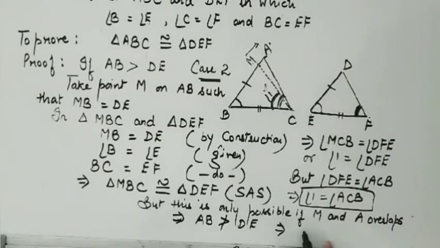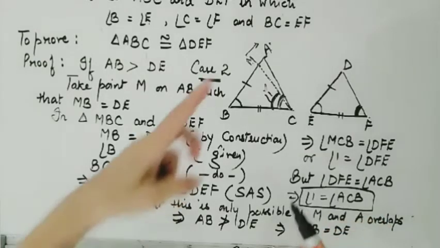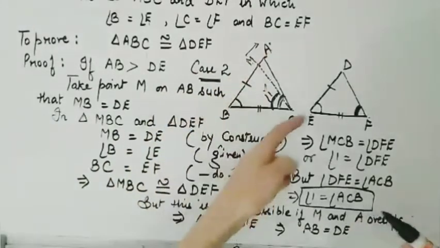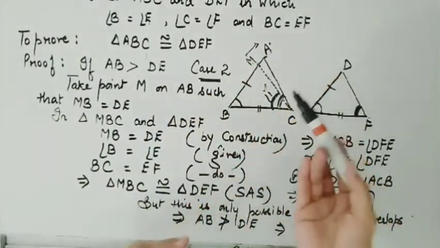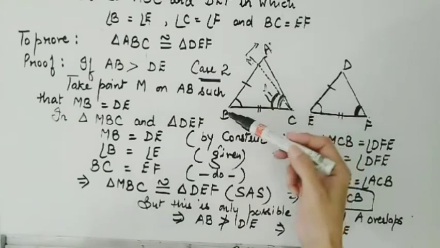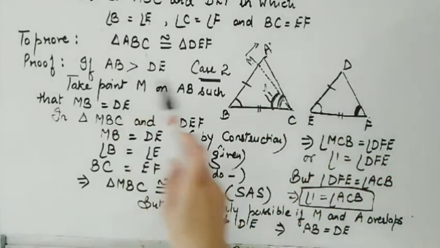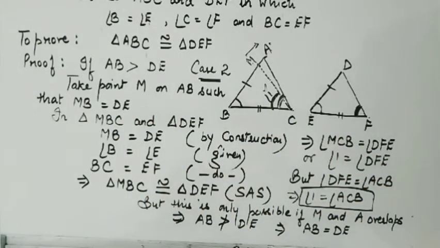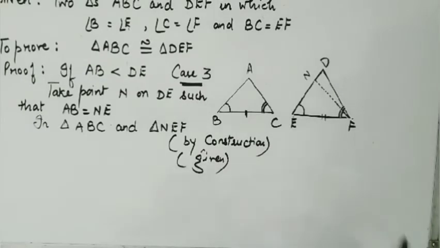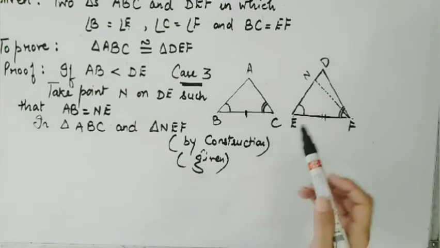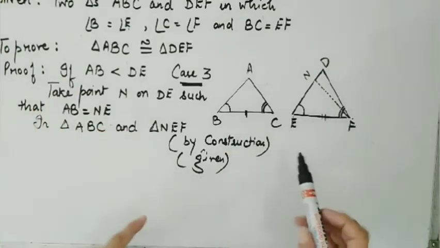AB would be equal to DE, and if AB would be equal to DE, triangle ABC and DEF would be congruent by side angle side rule. So I'm sure case 2 is very well clear to everybody. Moving on to the last case, last but not the least, case number 3.